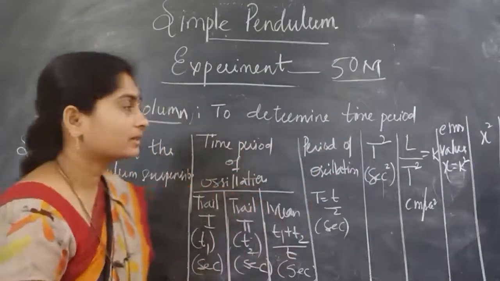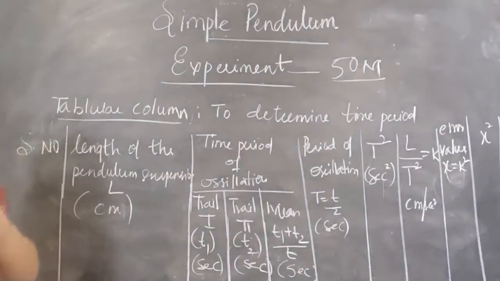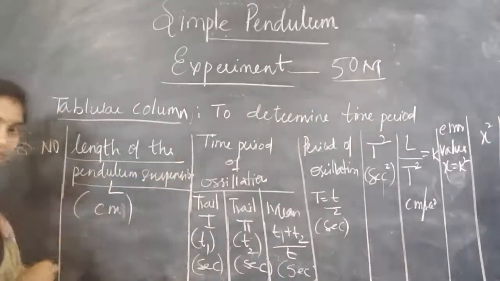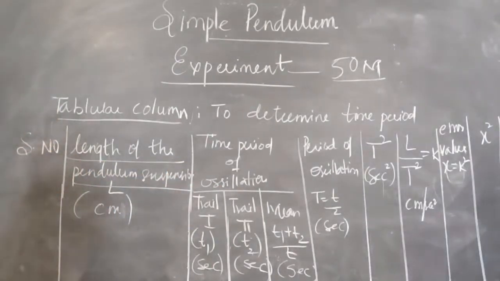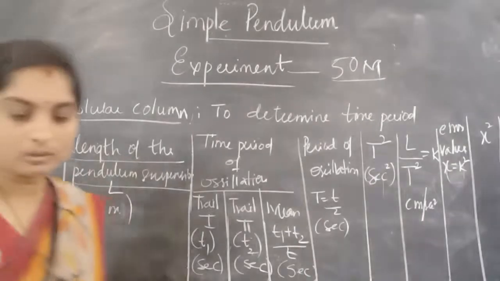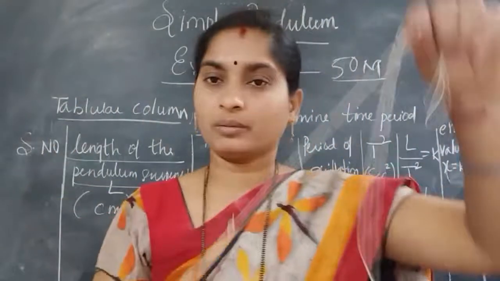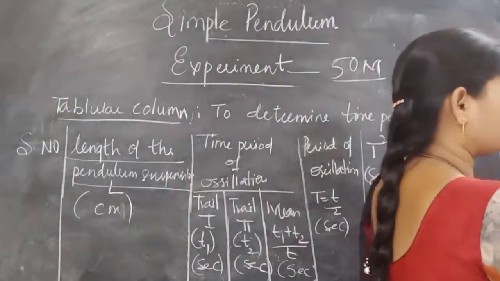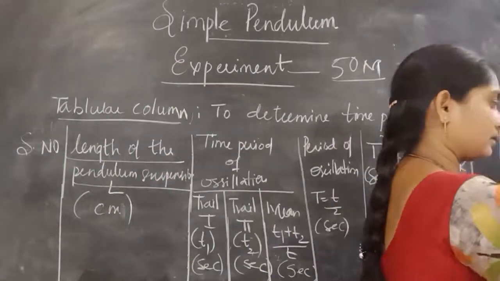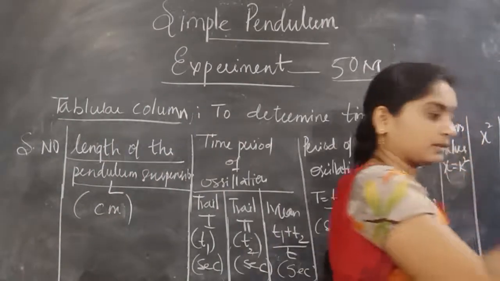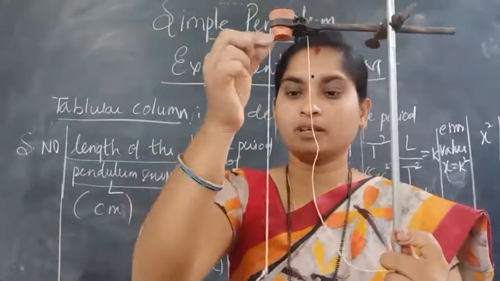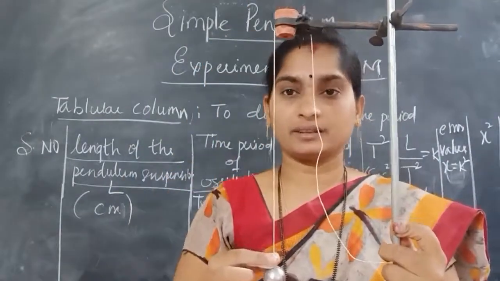The first thing to take is the length of the pendulum suspension. Here you are suspending the thread with the bob to a retort stand, and the distance from the suspension point to the bob is the length.